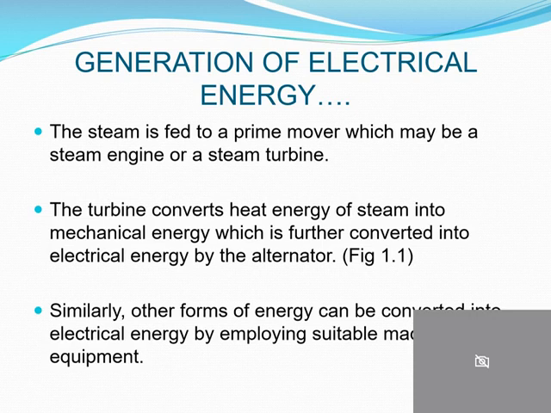And the turbine will convert heat energy of steam into mechanical energy, which is further converted into electrical energy by the alternator. Similarly, your other forms of energy can be converted into electrical energy by employing suitable machinery that will replace that turbine and that alternator.